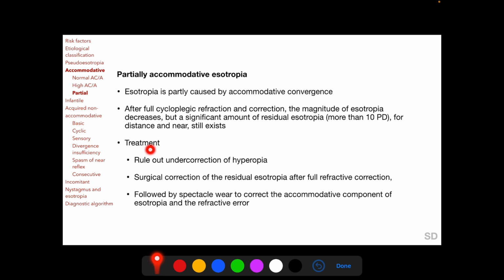Treatment of partially accommodative esotropia is surgical correction of the residual non-accommodative component of the esotropia, followed by optical correction of the accommodative component of the esotropia. This follows the principle that accommodative esotropia should not ideally be corrected by surgery.